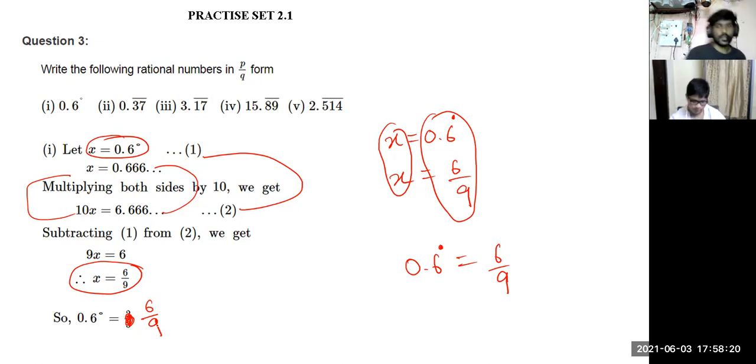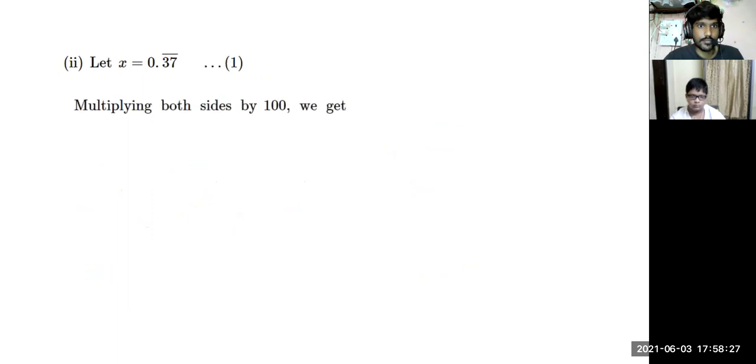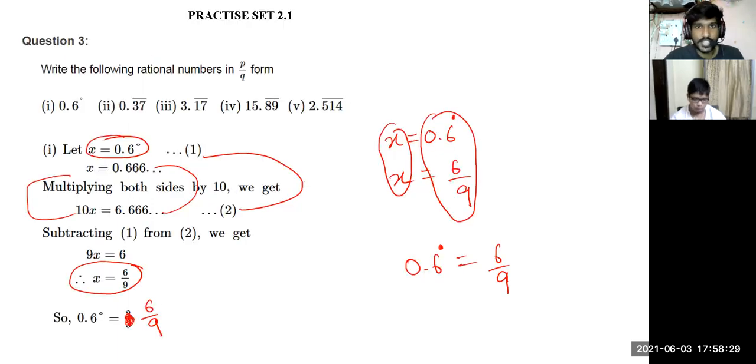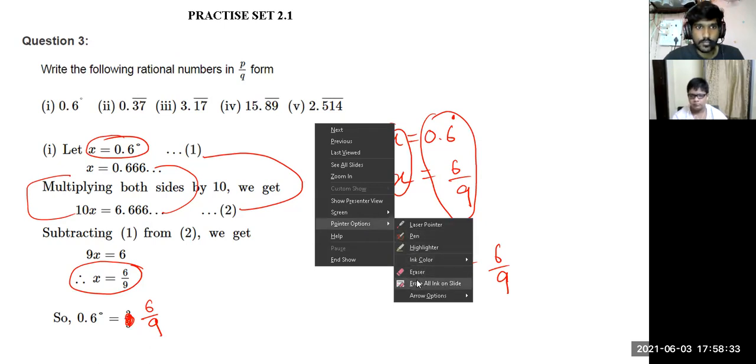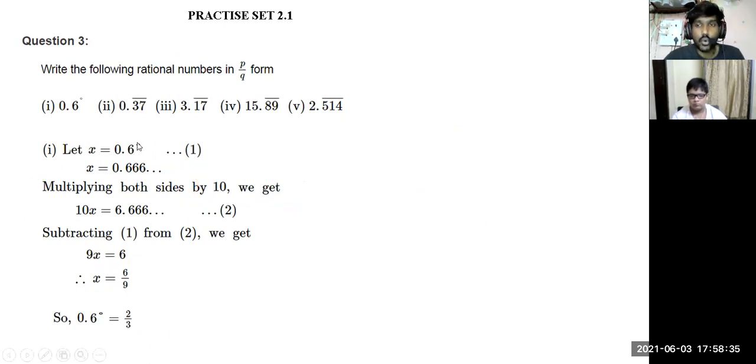Done, sir. Okay, so we'll continue. We'll go for our next sum. Now, before starting with the next sum, one thing to note. Here, only one number was recurring. So since only one number was recurring, we multiplied by 10 on both sides.